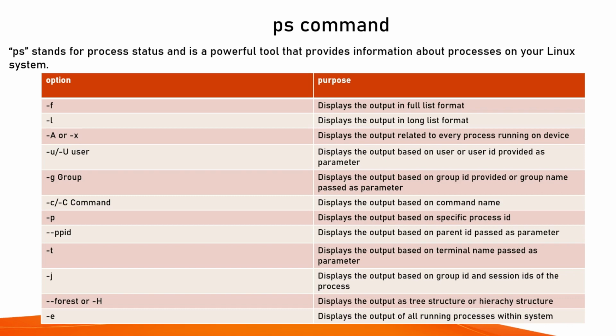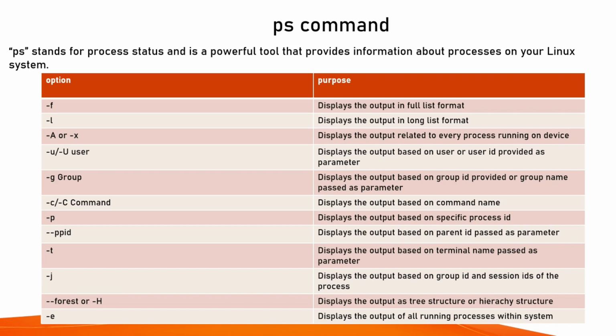So tomorrow, if you have a specific process ID and you want to know what all processes are running against that ID, every parent would have multiple child processes and you want to know that in a hierarchical manner, that's where you use this option. Moving to the last option, we have -e, and it will display all the running processes within this system. We will see this in our demo session soon after this presentation.